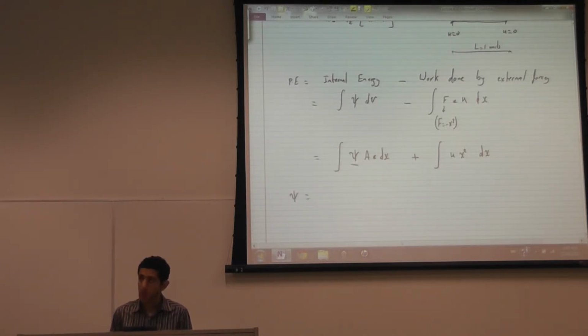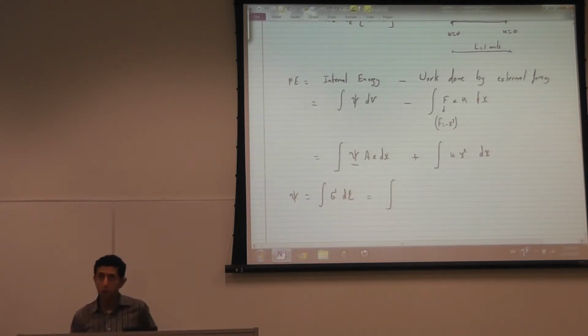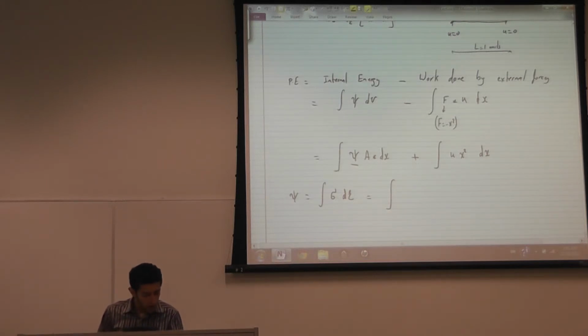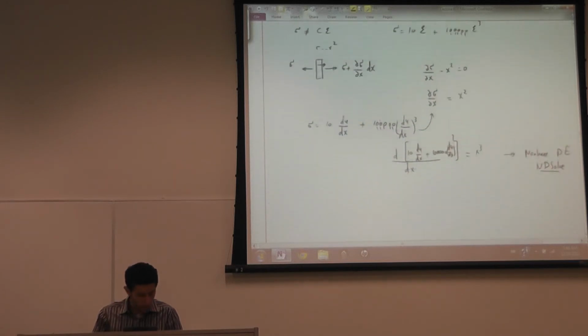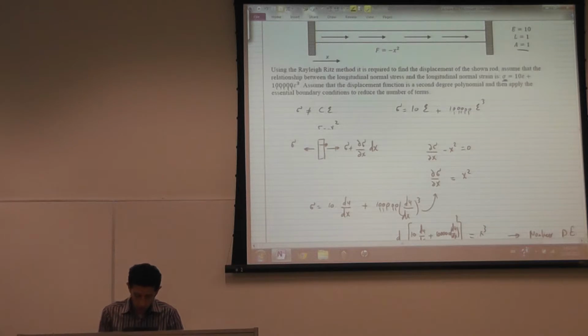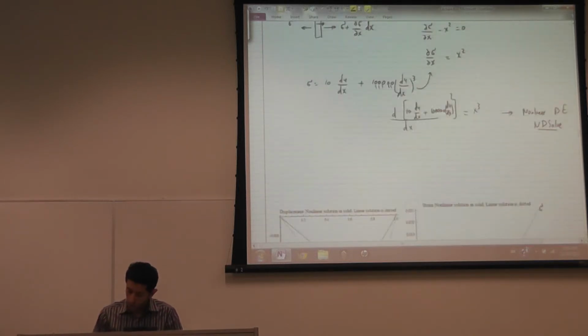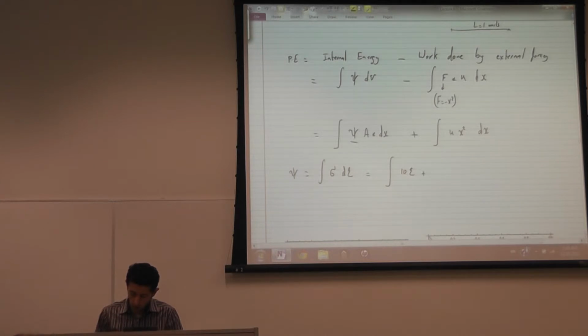The strain energy, because it's not linear, is equal to the stress multiplied by d epsilon, and the stress is equal to the linear term in epsilon plus epsilon cubed, d epsilon.